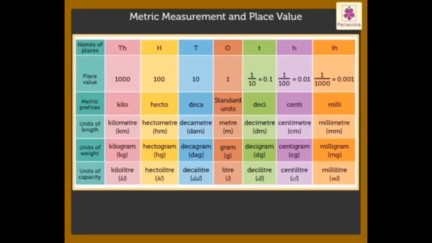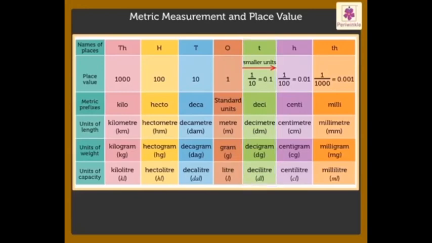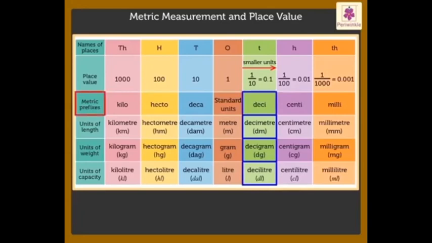The units in the tenths column are 10 times smaller than or 1/10 of the standard units. We name these as decimeter, decigram and deciliter, as the prefix deci means 1/10.